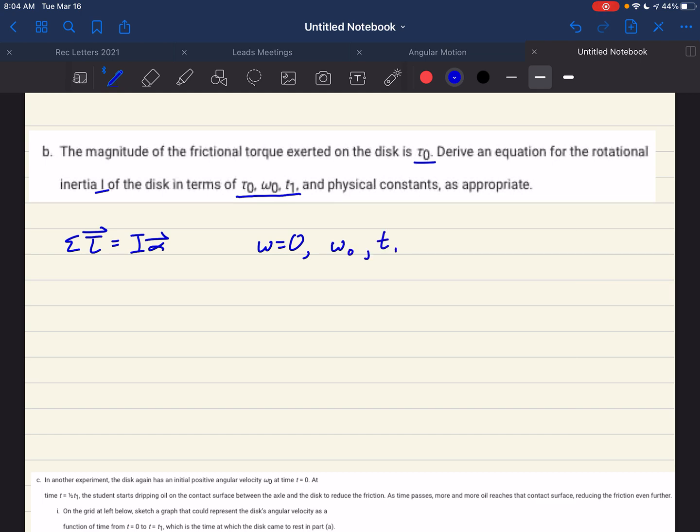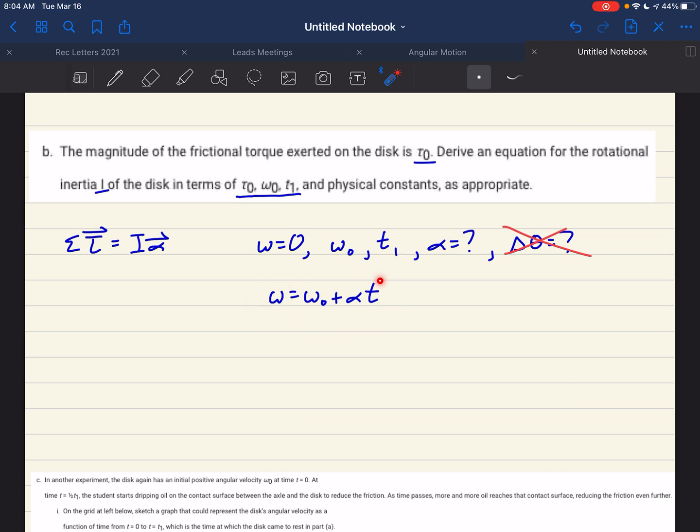We know the time interval. We don't know alpha. That's what we're looking for. And we don't know delta theta, which is not what we're looking for. So just looking over the kinematics equations, the one that has everything except for delta theta, angular displacement, is this one. So this is going to be the equation that we use.